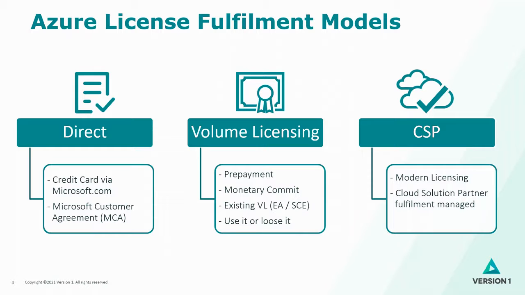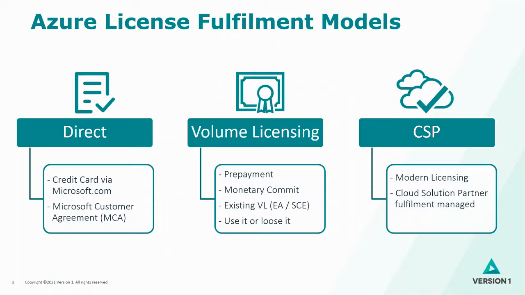We're seeing a transition of a lot of organizations from the enterprise agreement program, for example, where they're just under that threshold, into CSP. Really what CSP gives us versus some of the more traditional licensing programs is this modern licensing concept. It allows you to acquire Azure services on a dynamic basis from a Microsoft partner that will typically be providing some form of managed service to you, or providing some layer of intellectual property around the licenses that they're fulfilling.